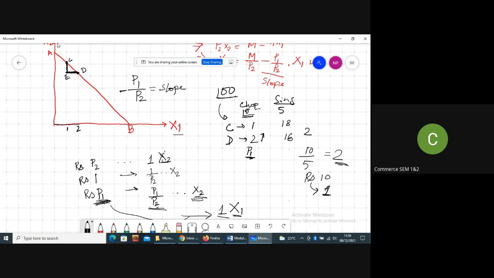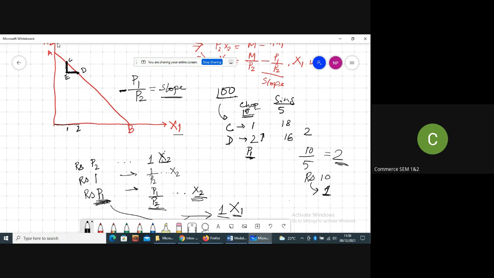So this minus P1 by P2 will be the slope of the budget line. Minus because we are basically losing consumption of X2 to get 1 additional unit of X1. That is why the negative sign is here.